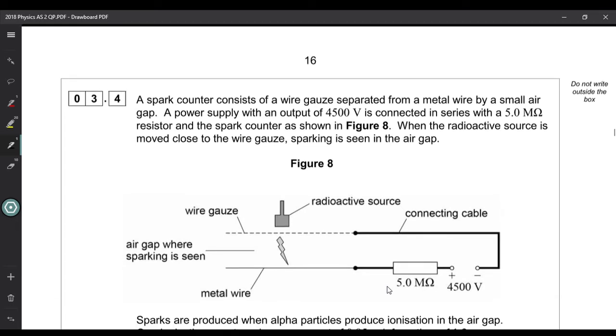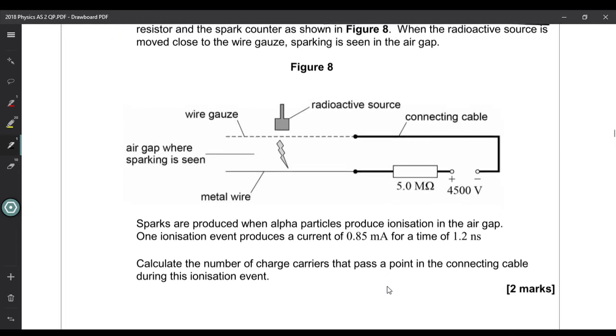So 3.4 says there's a spark counter consisting of a wire gauze separated by metal wire by a small air gap. The power supply of an output of 4,500 volts is connected in series with a 5 mega ohm resistor and the spark counter shown in figure 8. When the radioactive source is moved close to the wire gauze, sparking is seen in the air gap.